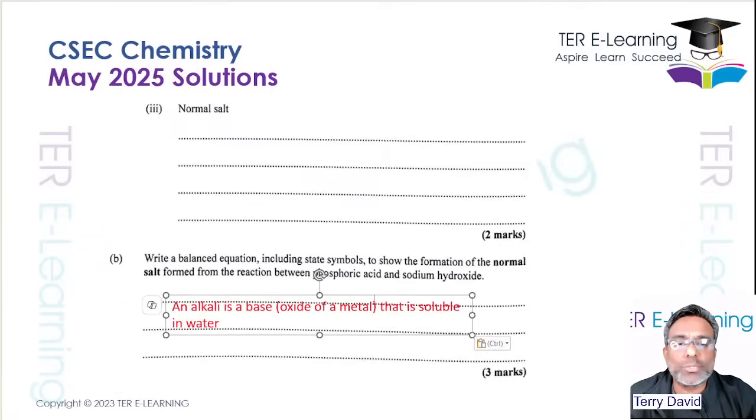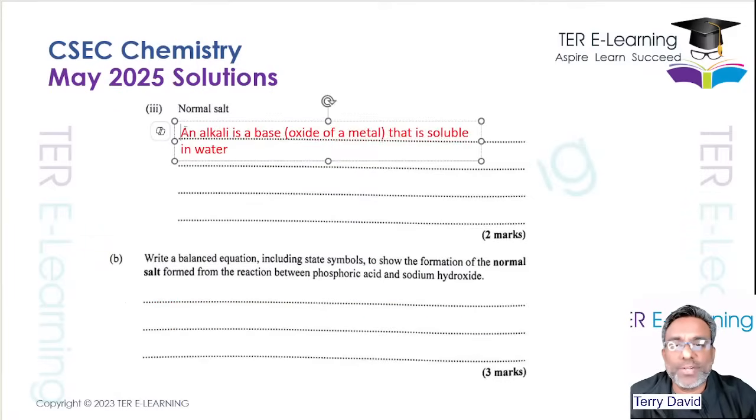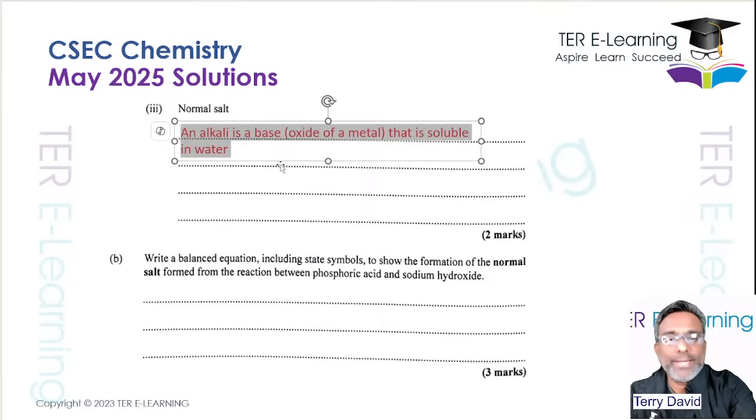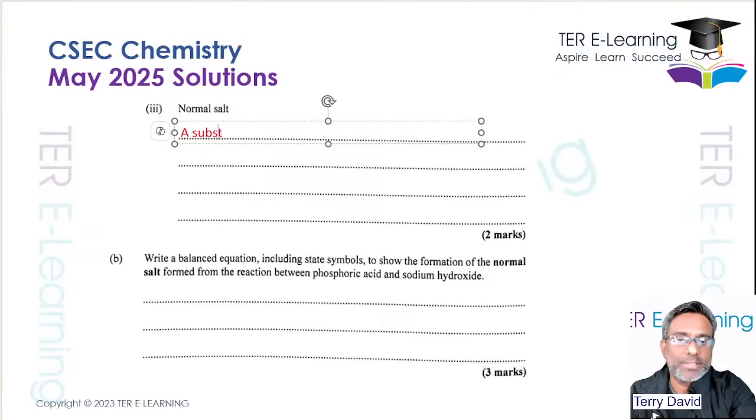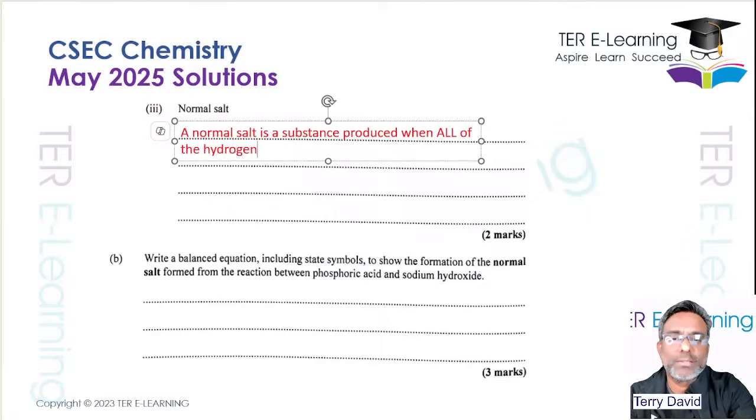They want a normal salt. So the definition for a normal salt is a substance produced when all of the hydrogen ions in an acid are replaced with metal ions or ammonium ions.